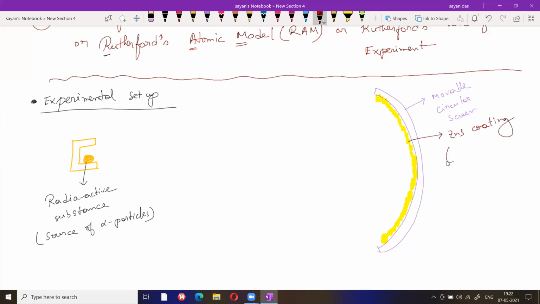Fluorescence is basically shining, or in Hindi you can say chamakna. And here a slit is present.